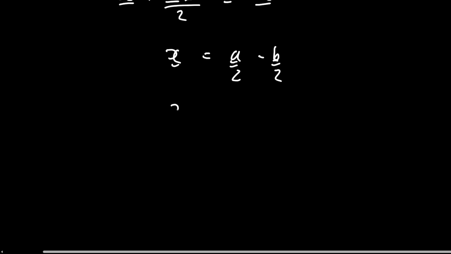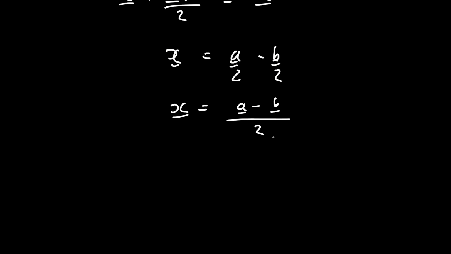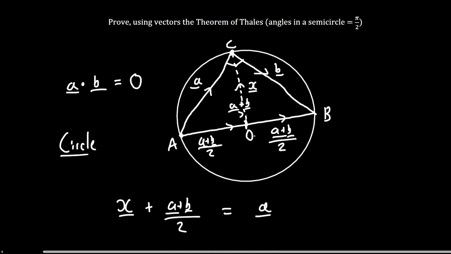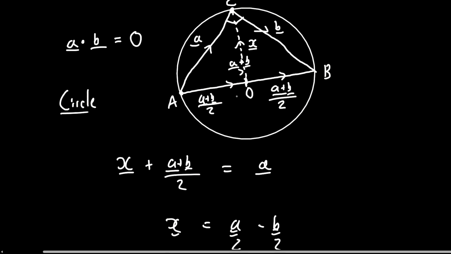Now, if we put that all into one fraction, just for conciseness, we'll get this expression. What we're now going to do is use the fact that the length of AO and the length of OC need to be equal, and that means it's a radius.